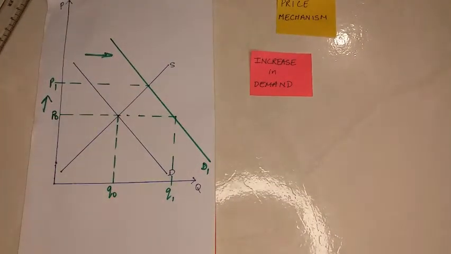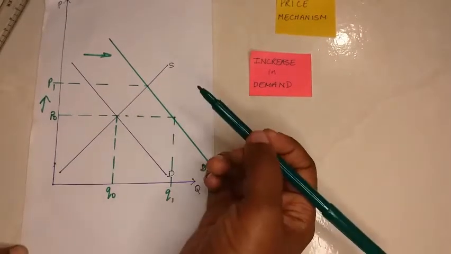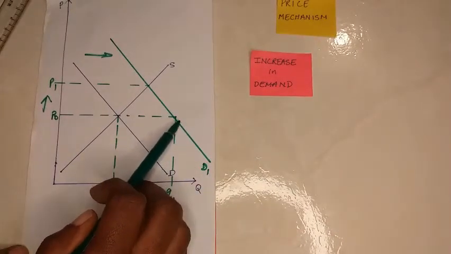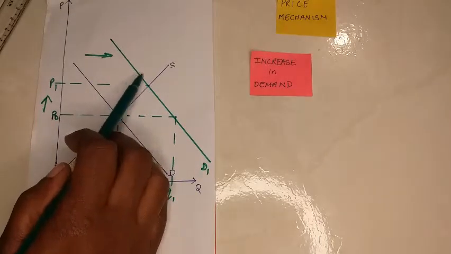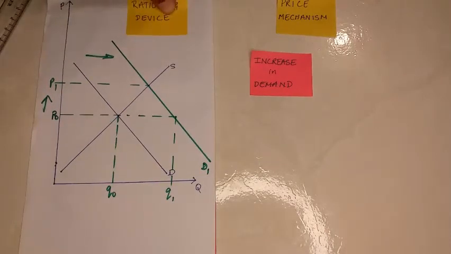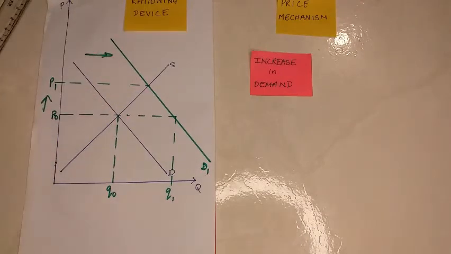And when price increases, quantity demanded on this new demand curve will fall. So it will ration the goods and services available. So that's the rationing taking place because the price is increasing. So quantity demanded will fall.